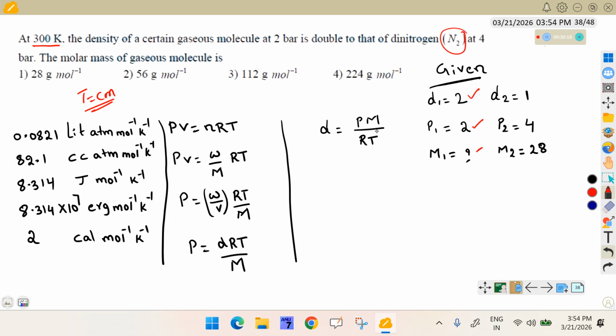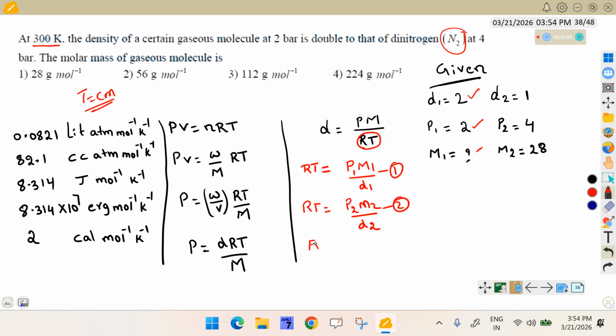Now the R value is constant, the T value is constant. Based on that, RT is equal to P1 M1 by D1 for the first gas. For the second gas, RT is equal to P2 M2 by D2. So the left side terms are equal, equate the right side terms.